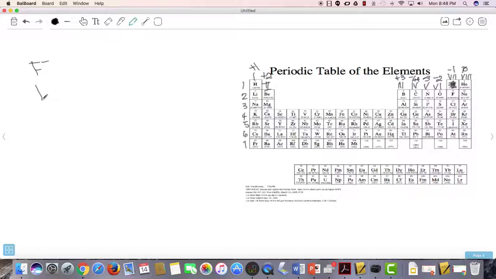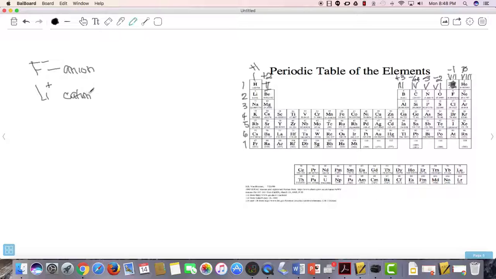Lithium is an alkali metal, it's a positive 1. So making sure that you remember that if it's a negative charge, it's a non-metal, and non-metals form anions. Metals form cations. And remember that this is done by gaining electrons here, losing electrons.